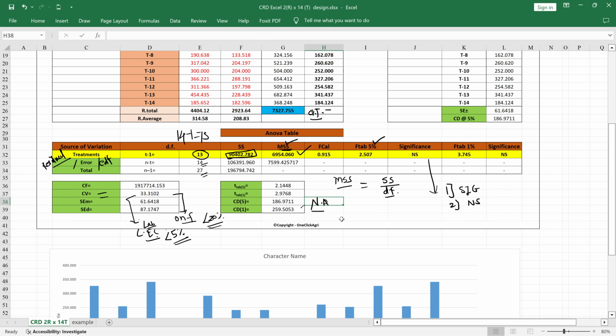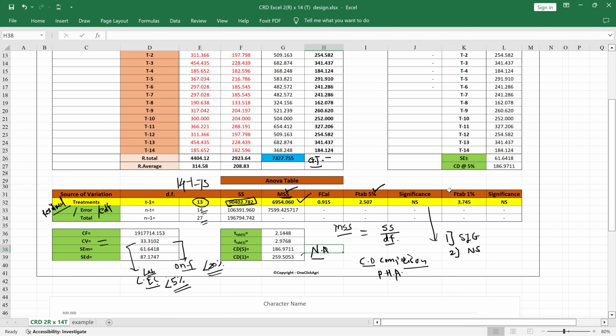Okay, and you don't need to do the next post hoc analysis or CD comparison table. CD comparison analysis is a post hoc analysis technique. Okay, so you will get this in the ANOVA table.